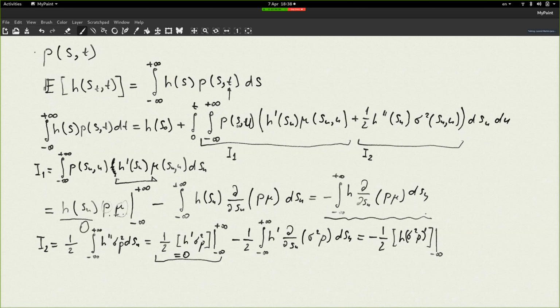And for the same reason, this term equals 0, plus 1/2 integral from minus infinity to plus infinity of h itself, but the second derivative with respect to s of sigma squared p, ds.